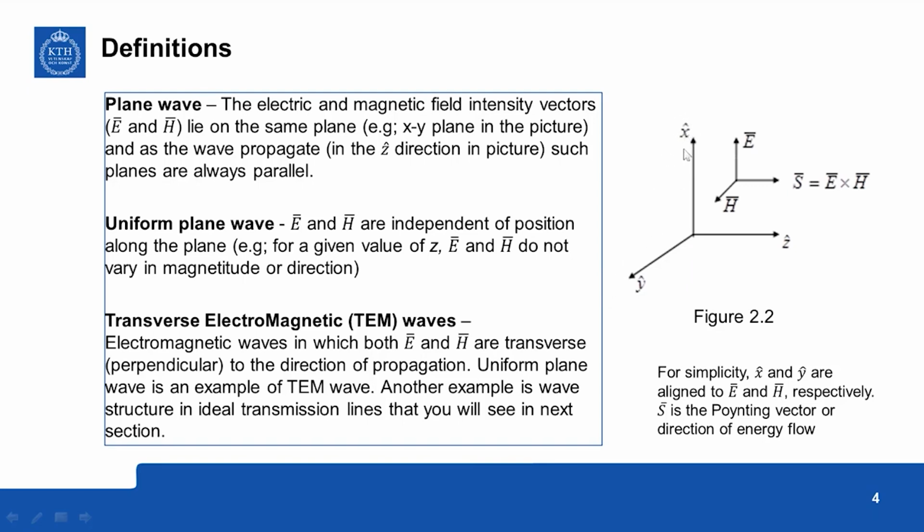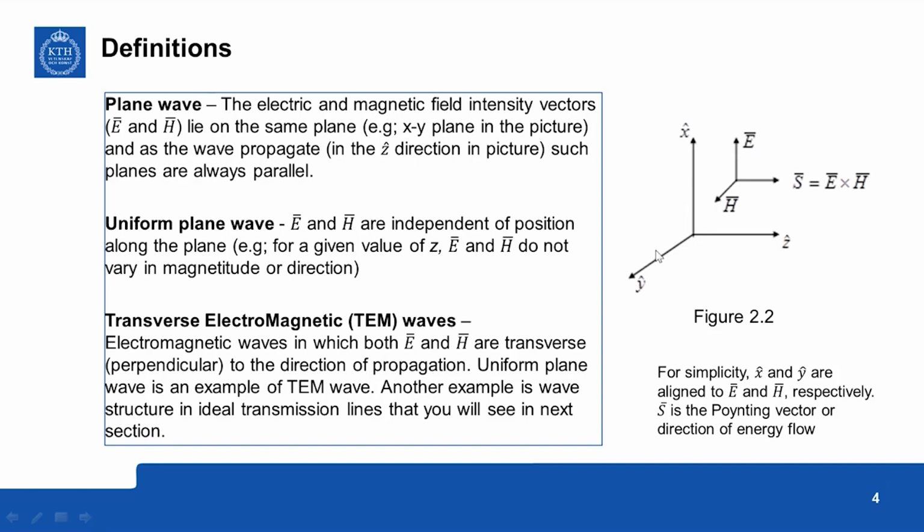Imagine a sheet lying along the xy plane, and if all your electric field vectors and magnetic field vectors are lying in this plane, then we call it a plane wave. So in a plane wave, electric and magnetic field vectors are in a plane perpendicular to the direction of propagation, in this case, the xy plane.